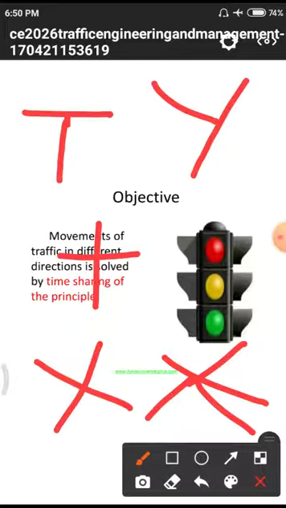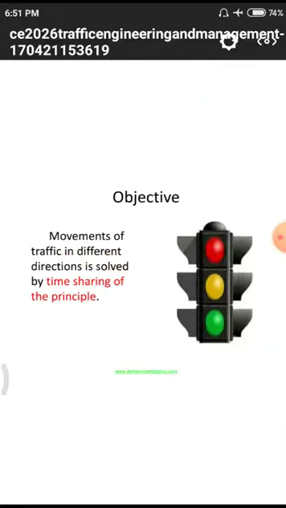Depending upon the number of lanes of roads intersecting at a particular point, they are classified into different junctions: T junction, Y junction, X junction, cross junction and pentagonal junctions. All those layouts we already studied in the previous videos. So in this video we have to observe the purpose of designing these signals.